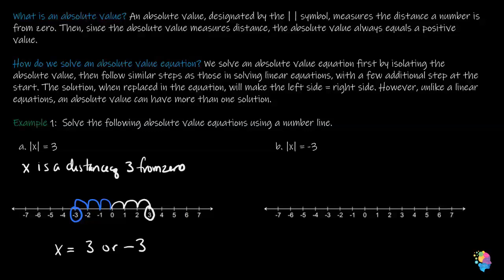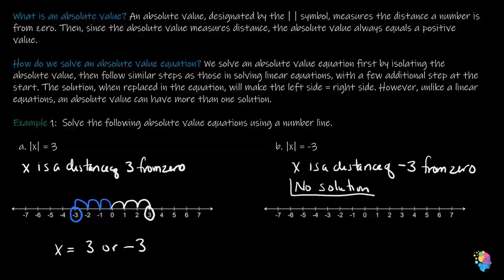The absolute value of x is equal to -3. This one is saying that x is a distance of -3 from 0. However, distance is always positive. That means that there is no solution to this equation.